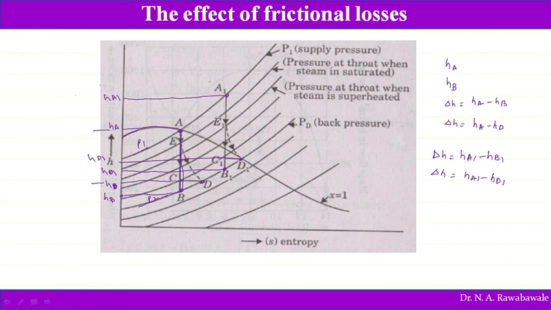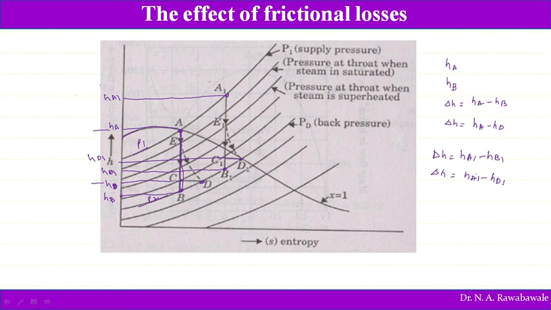Now this loss which is seen, the effect of friction, is taken into account by introducing a factor called nozzle efficiency. So nozzle efficiency is brought into existence to know the effect of friction.